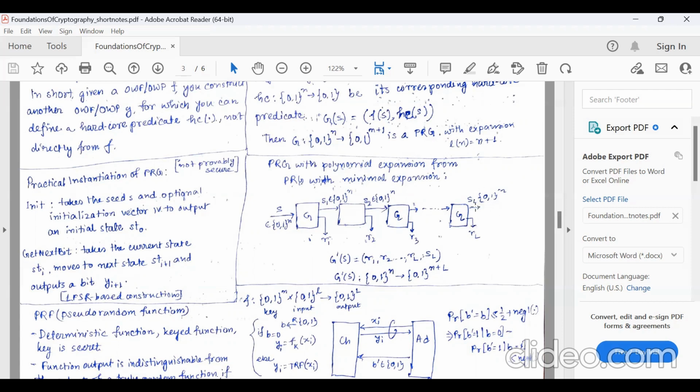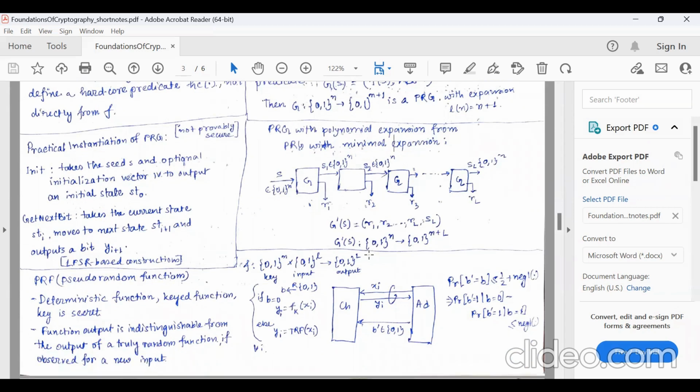It goes on till capital L times, so that we actually get R1 to RL, capital L number of extra bits in the output, and then the final SL, which also has the bit length of small n. Okay, so like that, the whole output of this construction, which we denote as G dash. So the G dash of S consists of R1, R2 to RL concatenated with SL. So like that, you receive a PRG with polynomial expansion.